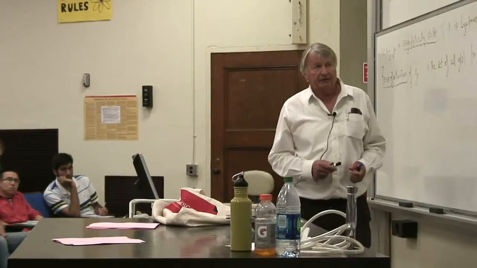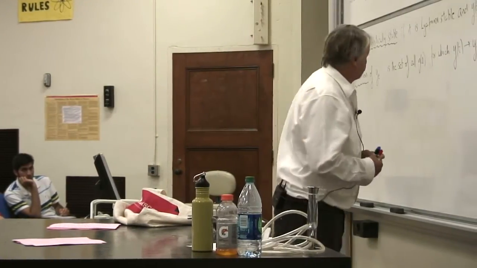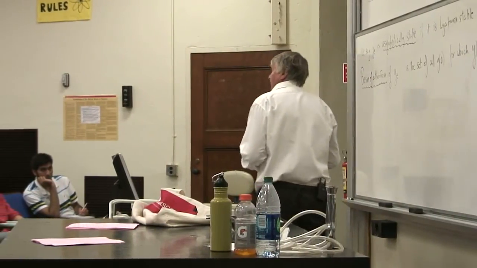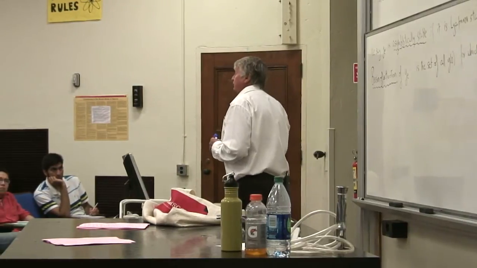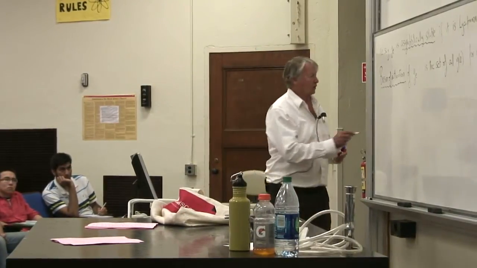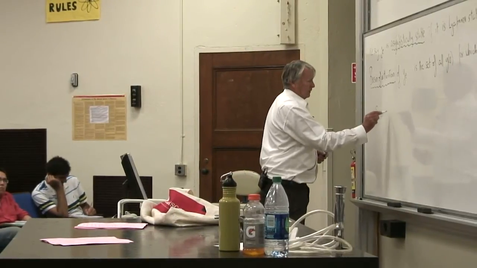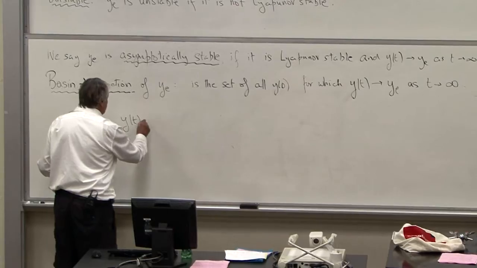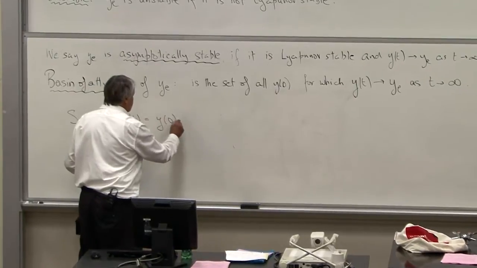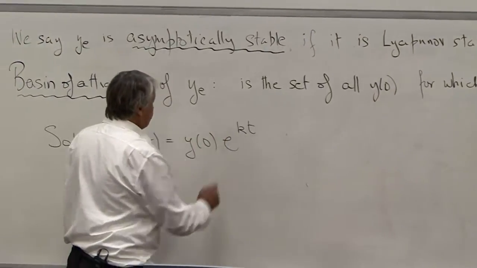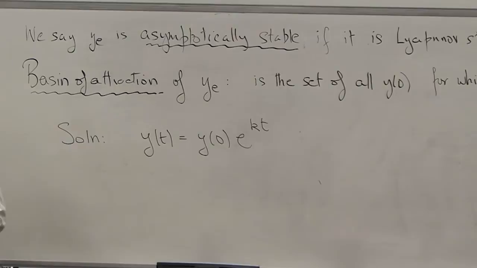And it has a solution. Do I need to go through the solution method, or are you all comfortable that the solution would be y of t equals y of 0 e to the kt? Is everybody comfortable with that?